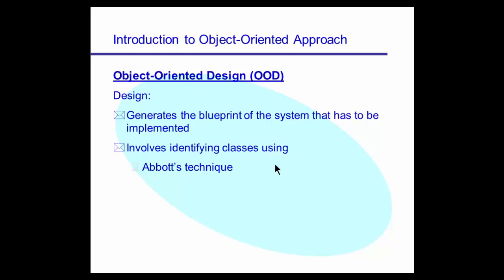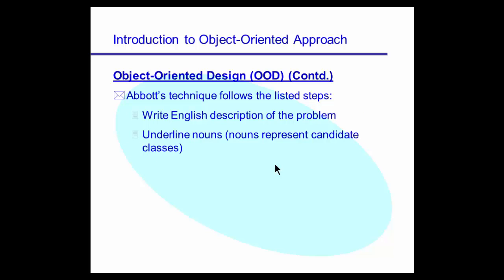Next is Abbott's technique. Let's list the following steps here. There is a specific technique known as Abbott's technique. Write the English description of the problem and underline the nouns. The nouns represent the candidate classes. It is quite obvious that the classes we are going to develop inside our software project are going to be the nouns.